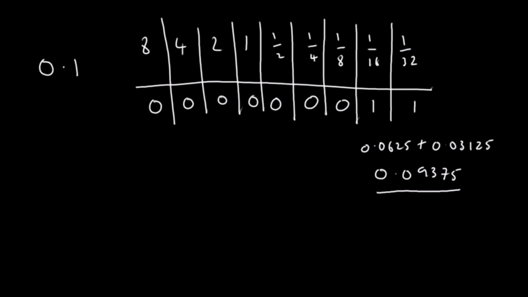But no matter how far we went, we're never going to be able to represent 0.1 exactly. So we can get closer and closer to it if we include more bits, but we're never actually going to get there. So in this example, 0.1, the closest we can do is going to be 0.00011, and that's the best we can do in this circumstance.